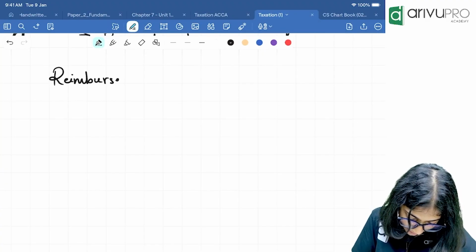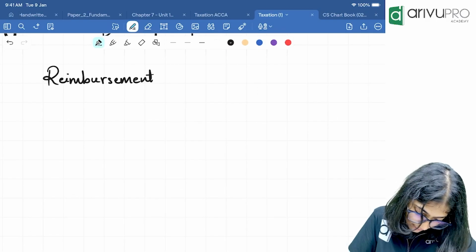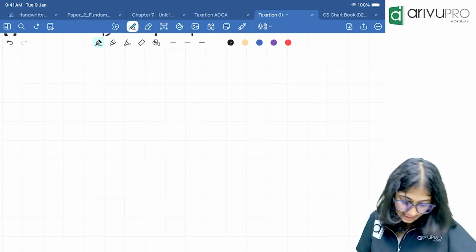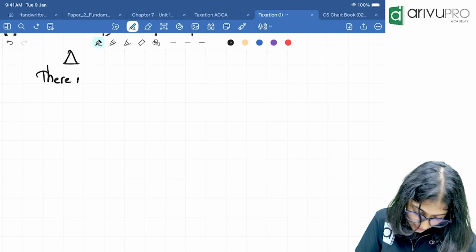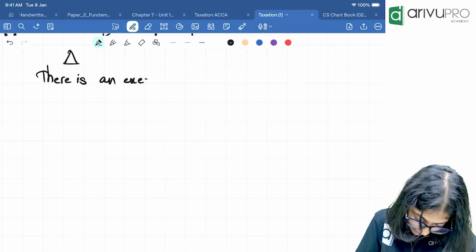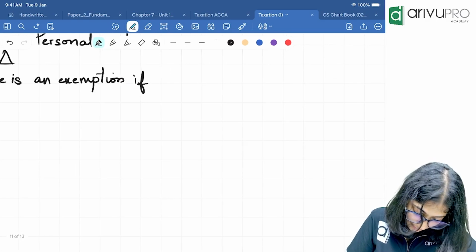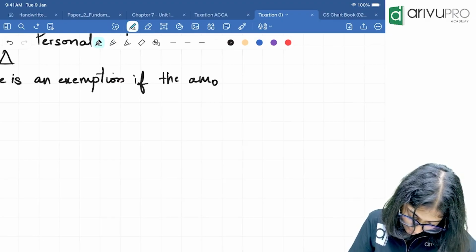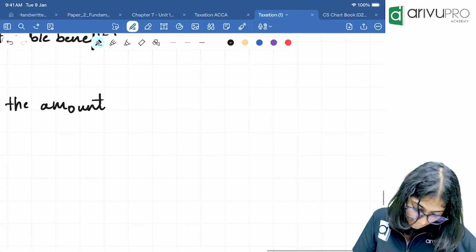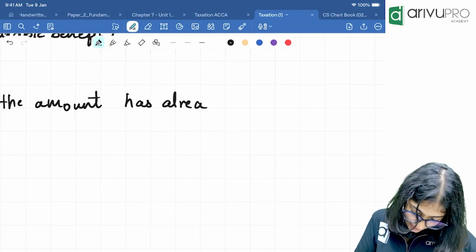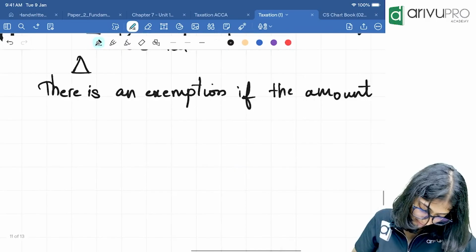Reimbursement. So basically it says that there is an exemption if the amount has already claimed a deduction.